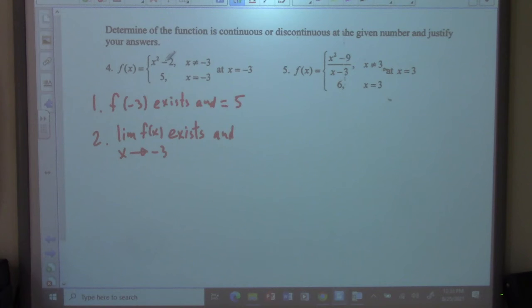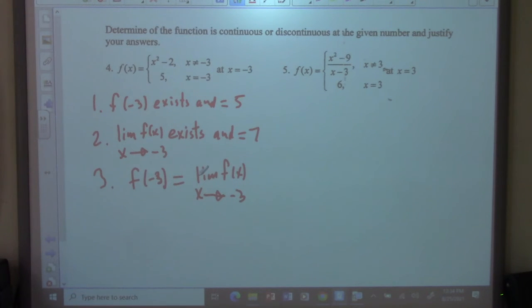Let's plug in -3. So -3 squared is 9 minus 2 equals 7. So 3, does f of -3 equal the limit as x approaches -3 of f of x? Are they equal? No, they're not.